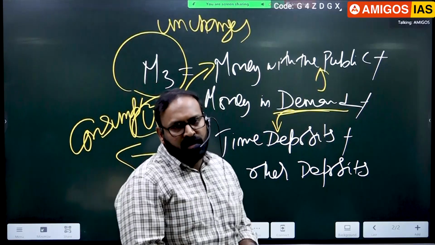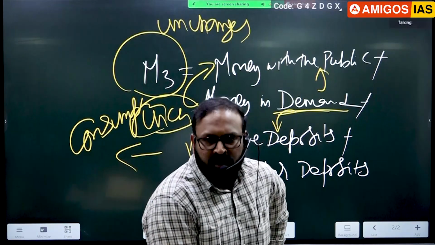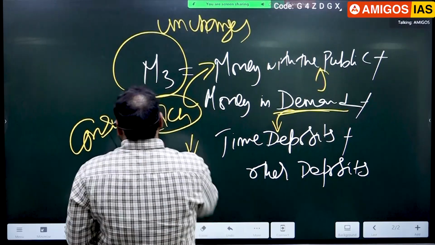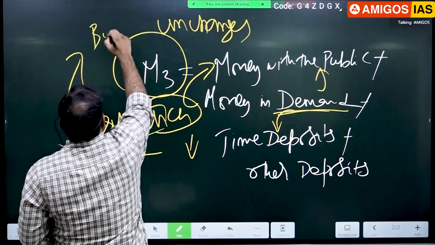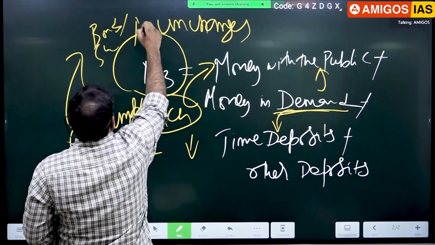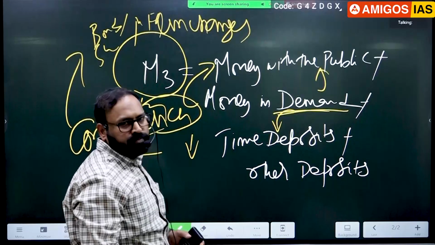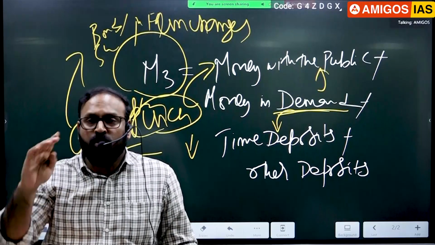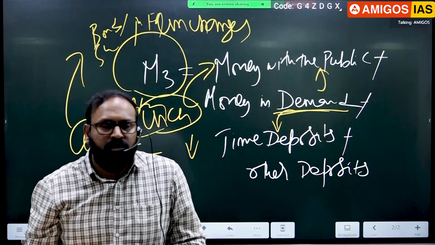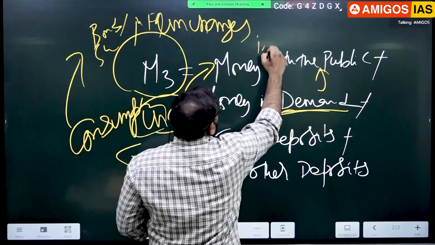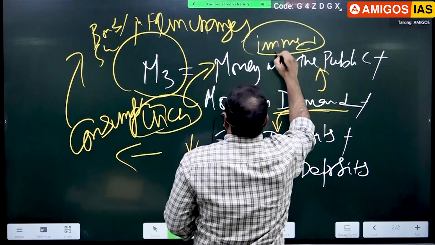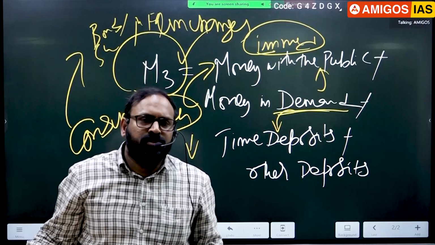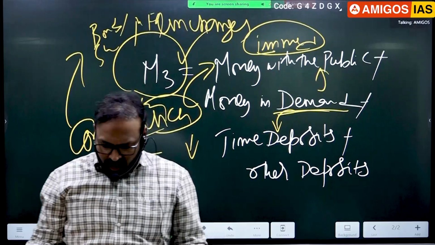When I'm consuming, where is it going? Or I can buy bonds and shares in the foreign market. So if the phrase is not given, there is more than one interpretation, right? So immediate effect makes you understand that M3 remains untouched, unscathed. It doesn't undergo any change. So it remains constant. Look for the word constant.